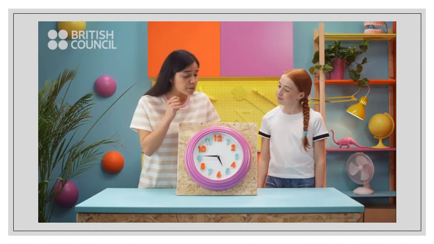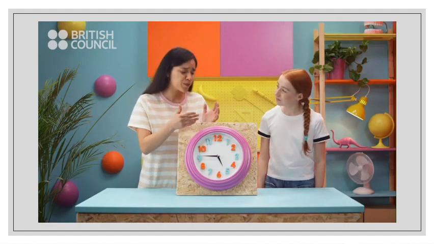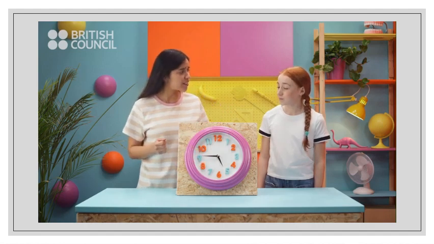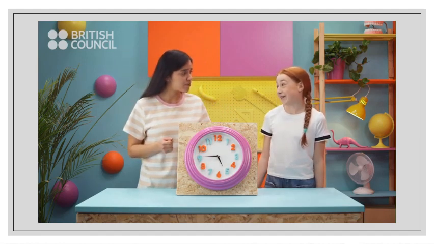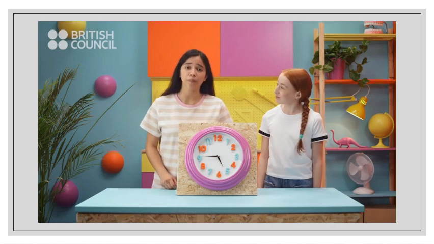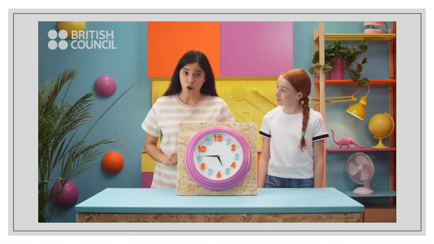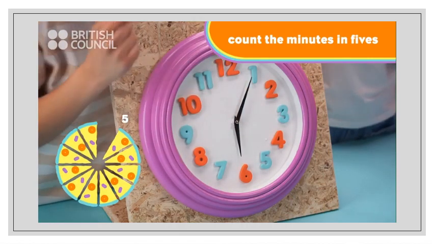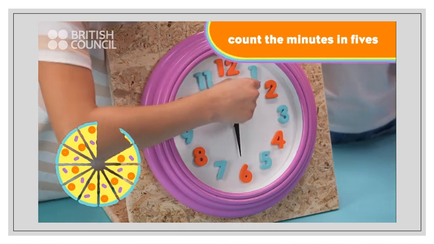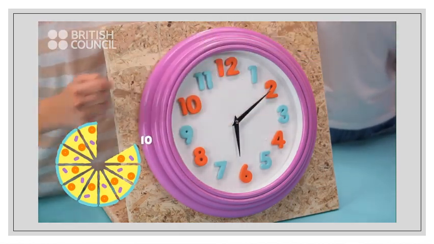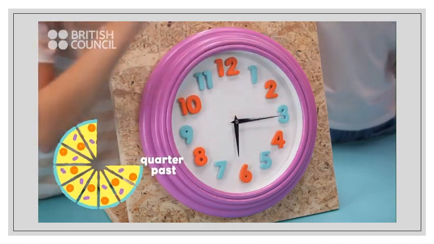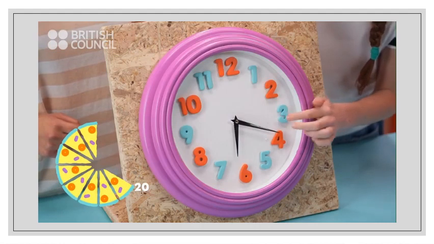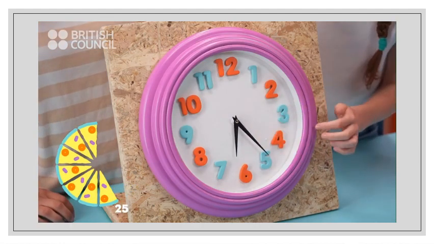But what happens when the big hand isn't on the 12, the 3, the 6, or the 9? I don't know. Well, we count the minutes in fives. So now it's 5 past 6. It's 10 past 6. It's quarter past 6. It's 20 past 6. It's 25 past 6.